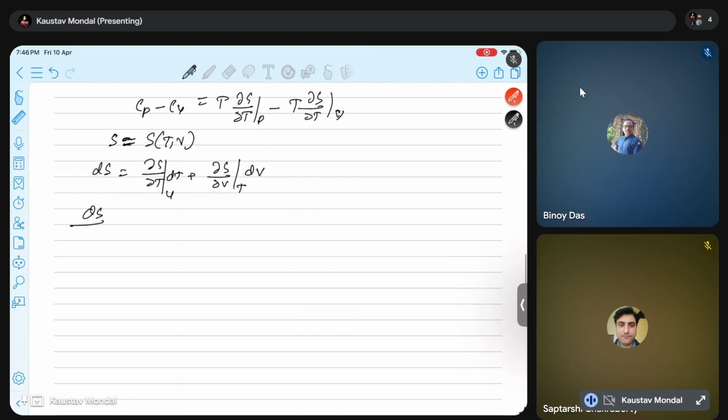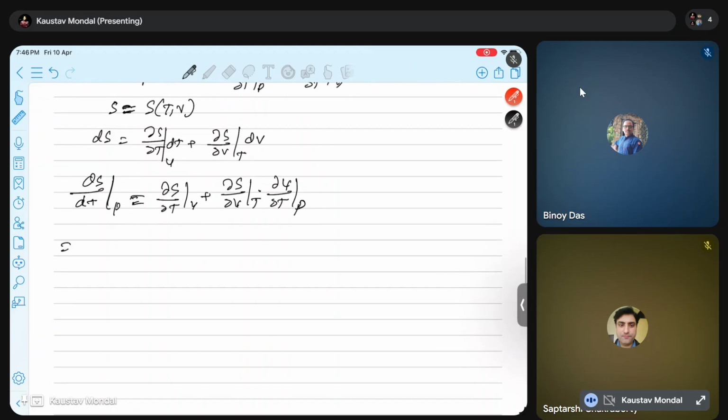So (del S del T) at constant P equals (del S del T) at constant V plus (del S del V) at constant T into (del V del T) at constant P. You can use this identity.